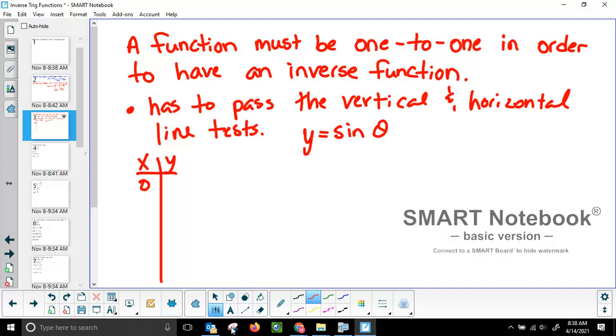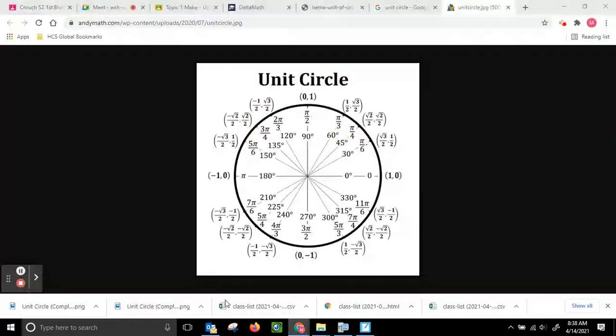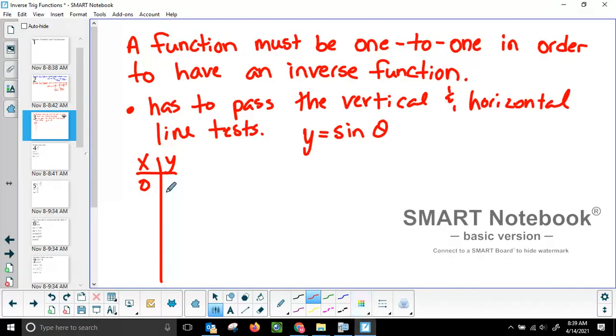So when x is 0, if we look at our unit circle here, when my angle is 0, remember sine is my y coordinate here, so it is also 0. All right, when my theta is pi over 2, which is 90 degrees, my sine is 1.